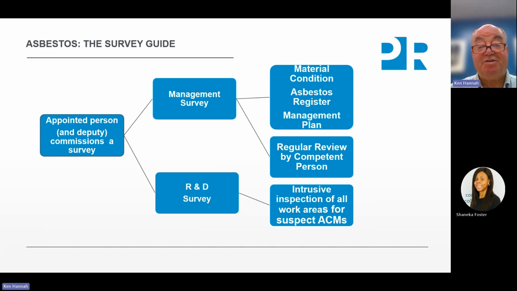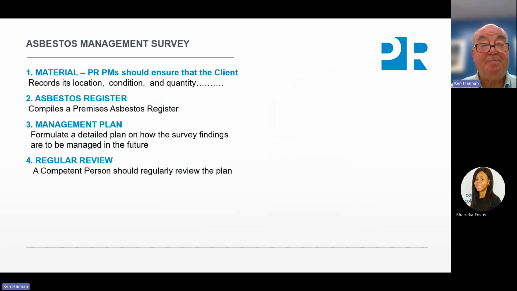And even the management survey has to be reviewed by a competent survey person. So again, in the survey, location, condition, and quantity, anything found should go into the asbestos register for the building. There should be a management plan and a regular review.